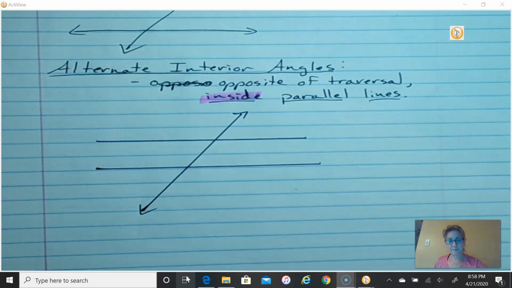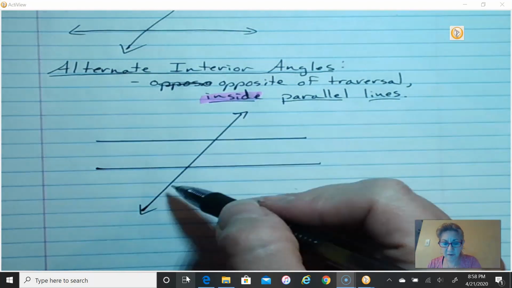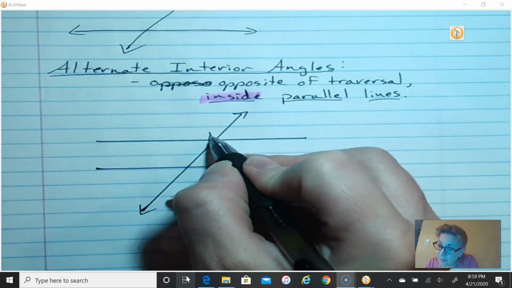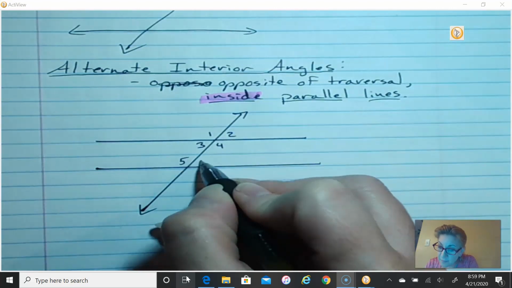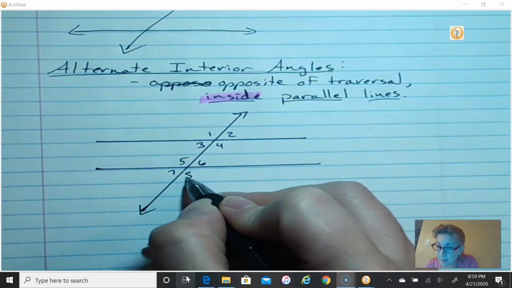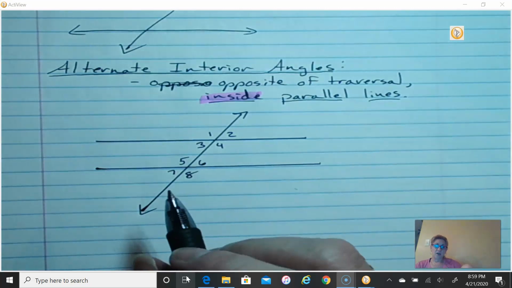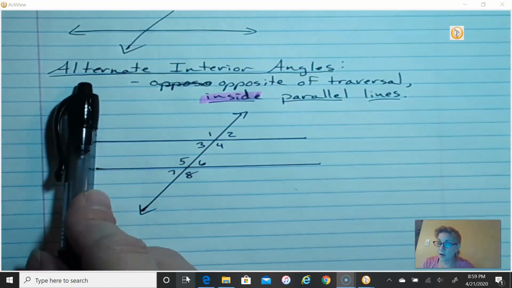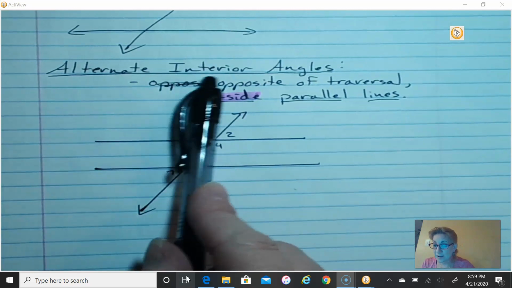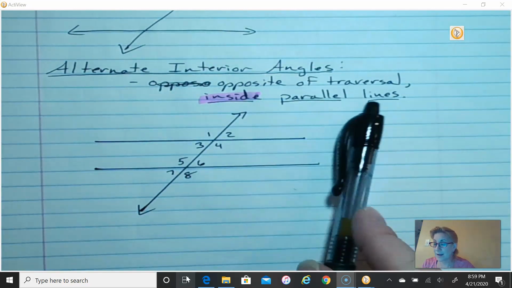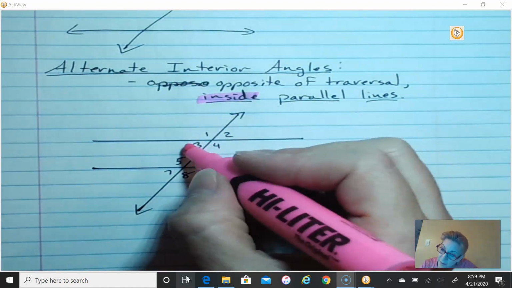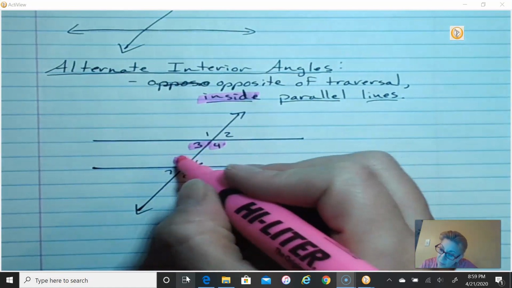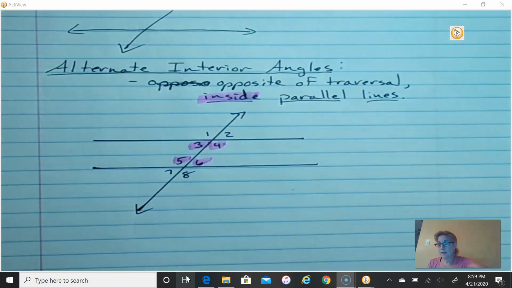Okay, guys. Here's my transversal. I'm going to number these angles: 1, 2, 3, 4, 5, 6, 7, 8. Your alternate interior angles are inside parallel lines. Those are going to be angle 3, 4, 5, and 6.